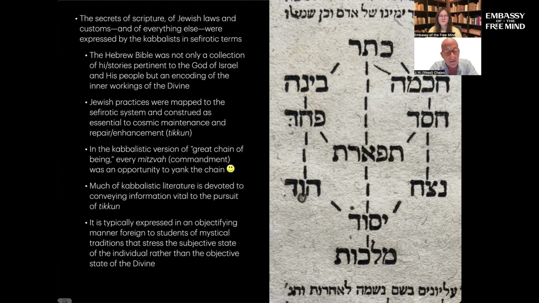Another thing that I think is important to stress, especially in this context, speaking to people who have, I suppose, an interest in Western esotericism and in Christian mysticism: the discourse of Kabbalah is objectifying. Kabbalists talk about the divine with scientific rigor.